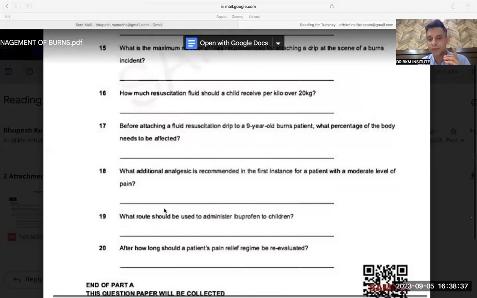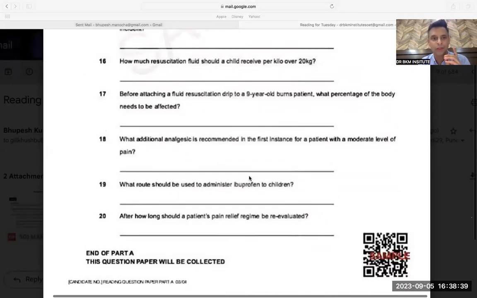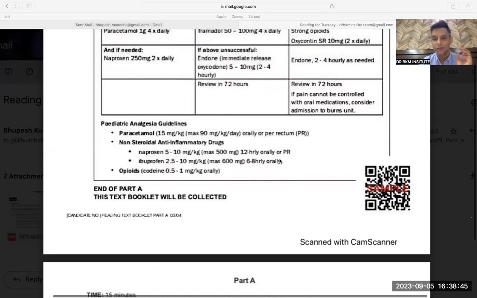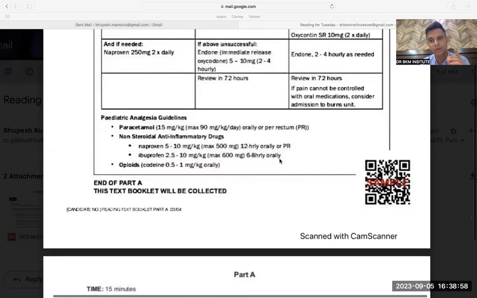Pediatric analgesia, ibuprofen, orally. So oral route. But if I do not reach this question because I kept on wasting my time on the 13th question, my exam would be gone. So that is the main technique, to leave the questions which you are unable to find.